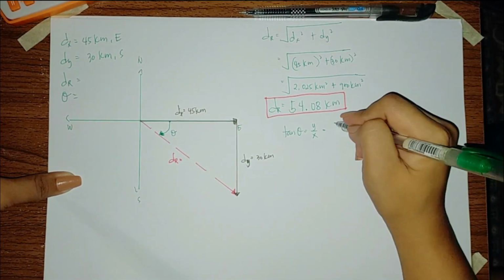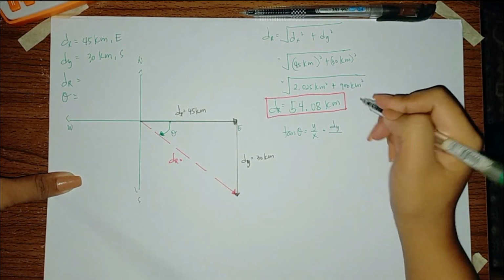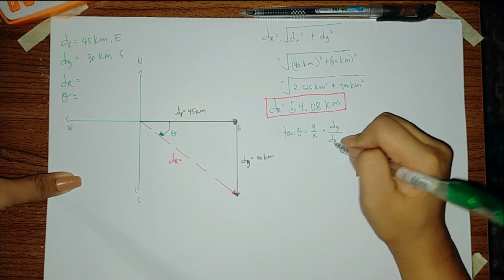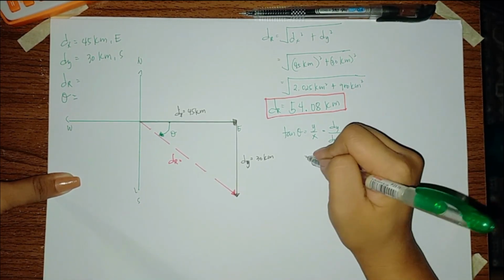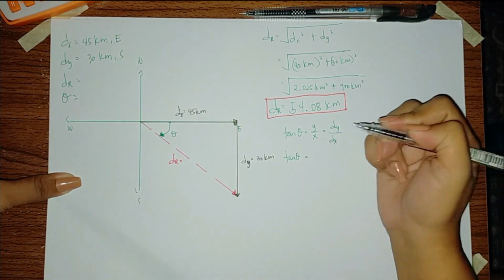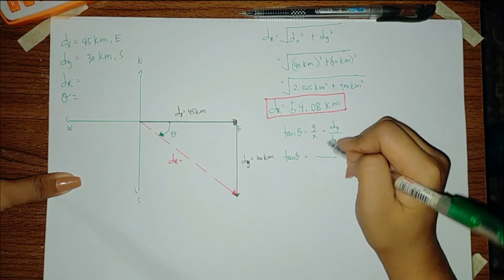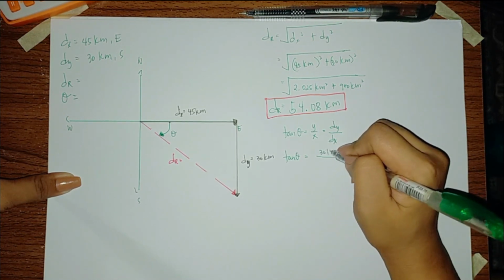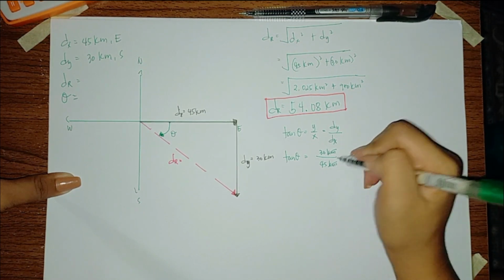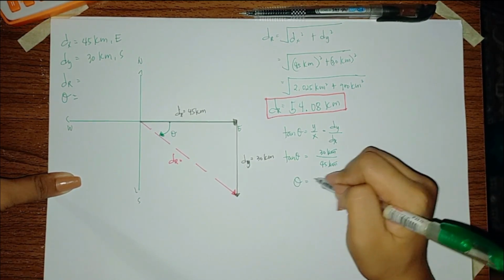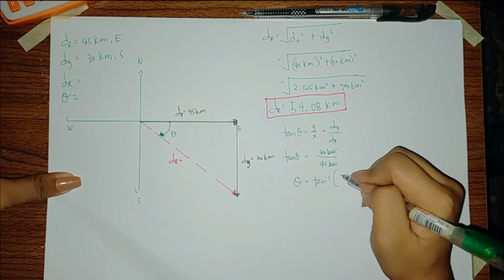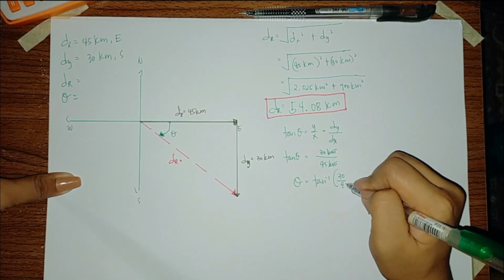So, we have here the d sub y over d sub x. Now, let us simply substitute the value. So, tangent theta is equal to d sub y, we have 30 kilometers over 45 kilometers. The kilometers cancel. We transpose theta to the other side. Tangent inverse of 30 over 45.